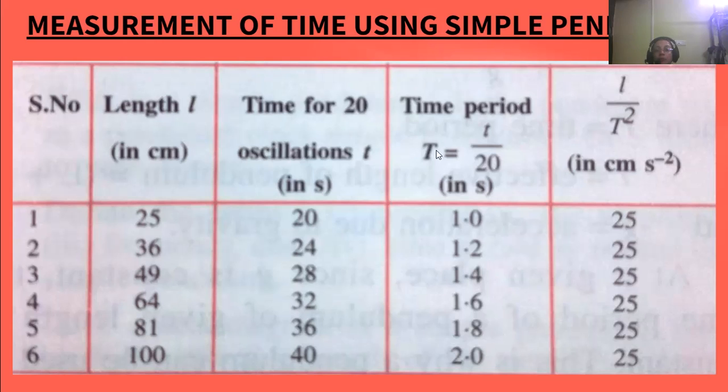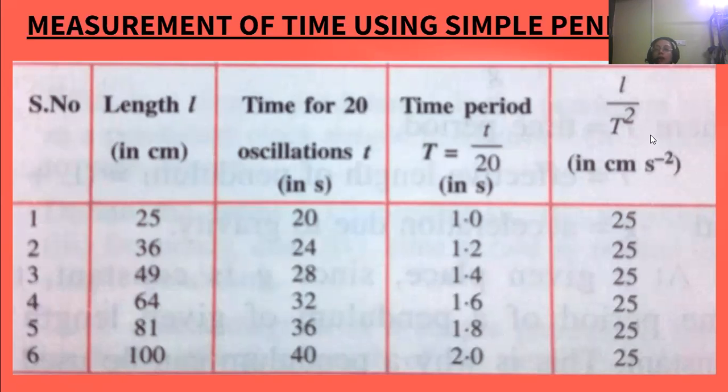Then the time period T is equal to the time taken divided by 20, which gives the time period in seconds. So for an effective length of 25 centimeter, if the time taken for 20 oscillations is 20 seconds, then T is equal to 1 second.